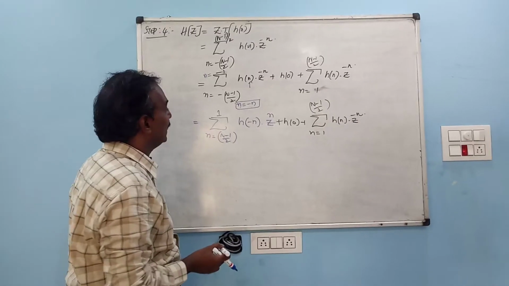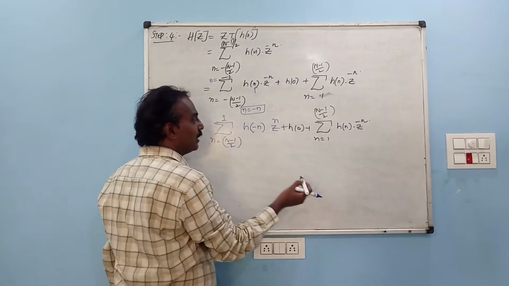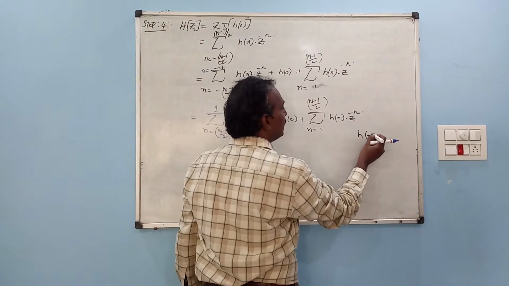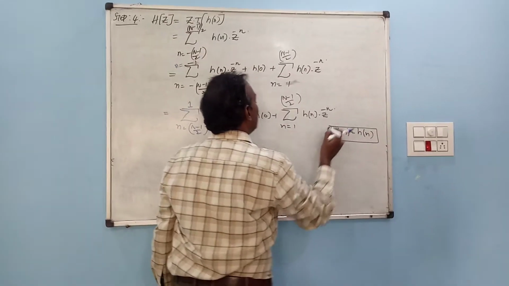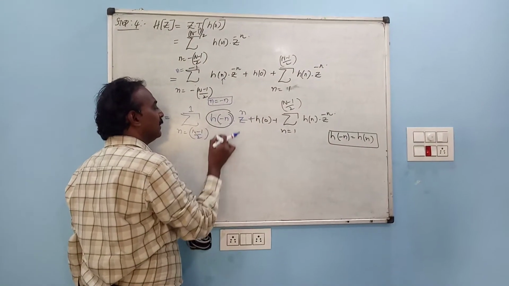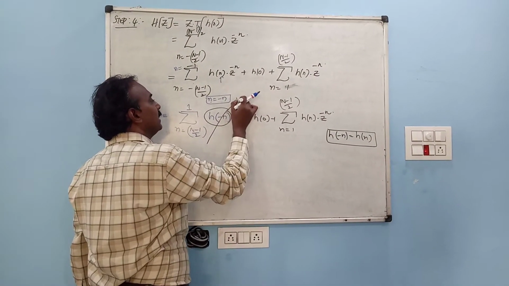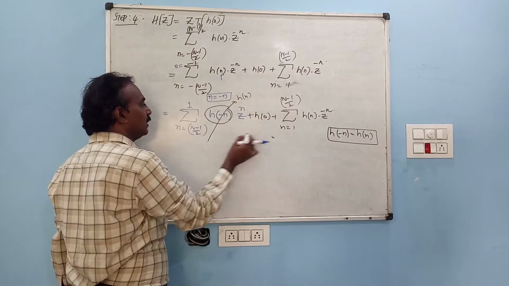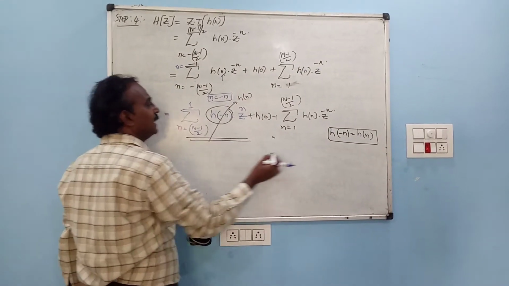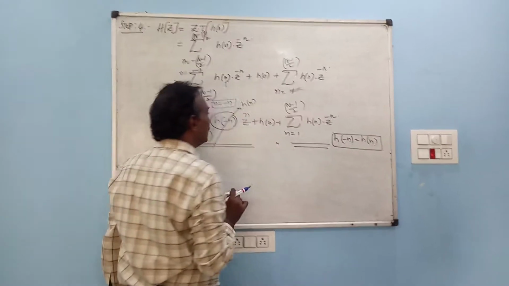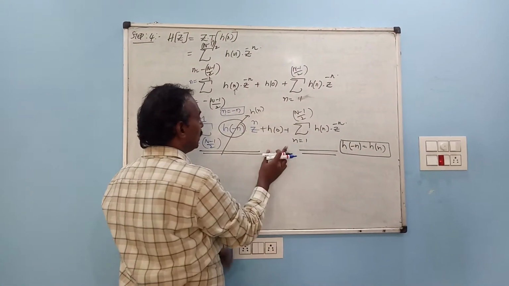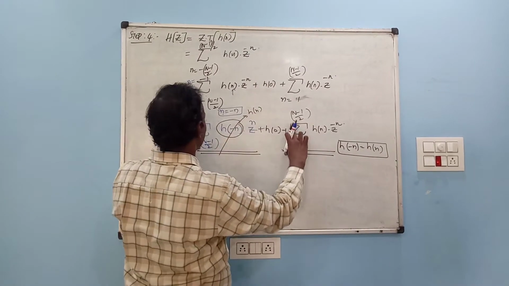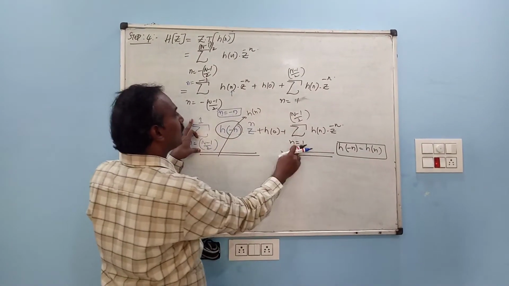Now, if you see here, we know from the earlier step that it is symmetrical about the origin. So h of minus n is equal to h of n. So if I replace h of minus n by h of n, the first term and the third term are the same, only h of n is the same, so the limits are the same, 1 to (N minus 1)/2.